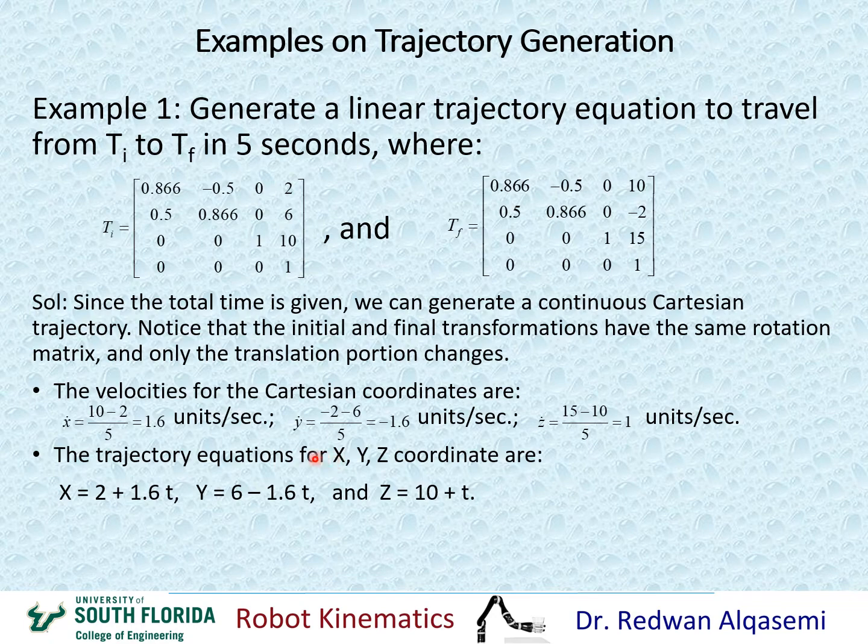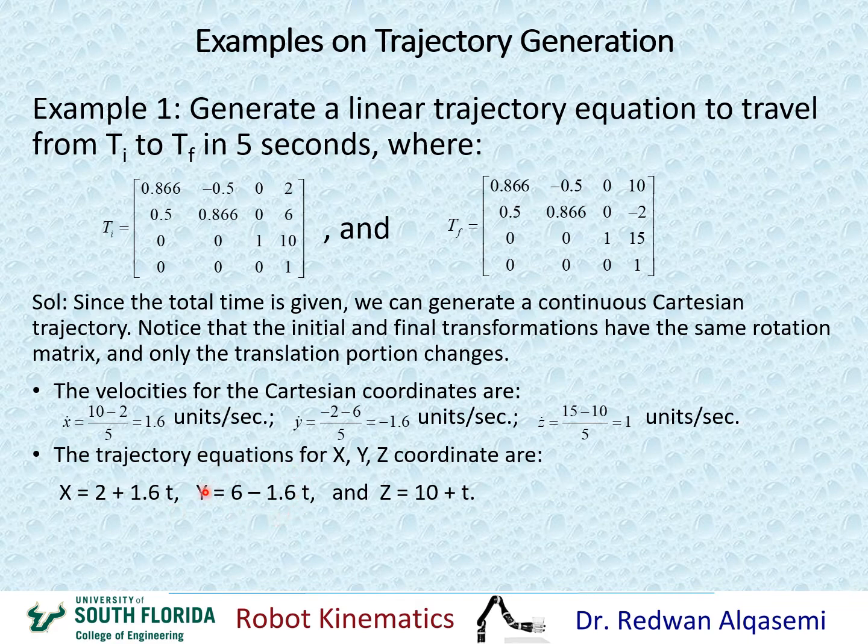Now I'm ready to put together the trajectory equation for the x, y, and z coordinates. The linear equation for x is x initial, which is 2 from right here, plus 1.6, which is x dot from right here, times t, which is the time that we can substitute for any time that we require to find x.